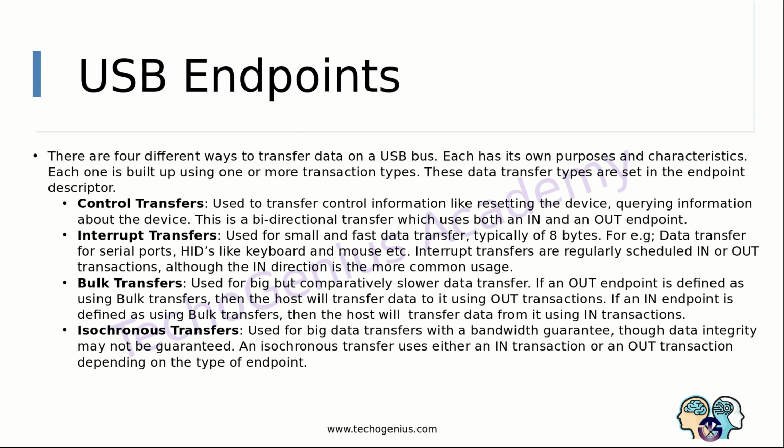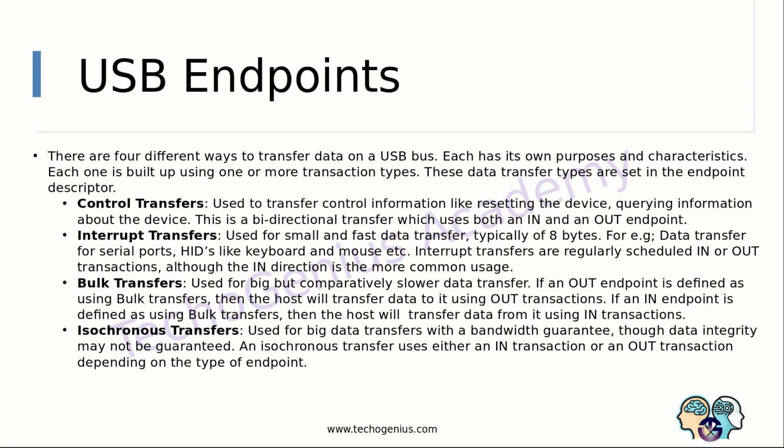One is control transfer, interrupt transfer, bulk transfer, and isochronous transfer. These different transfers are used to communicate on the USB bus. This is some basic introduction. In the control transfer, you can transfer information like resetting the device.